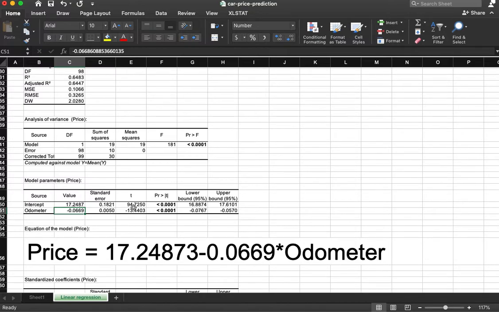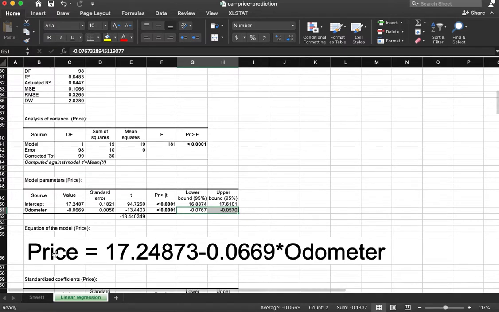To get this value, this 13 is equal to the value of the coefficient divided by the standard error. That gives you the t-value. Finally, we have our upper and lower bound confidence interval. So the value for odometer could be as low as negative 0.07 or as high as negative 0.05. That's just a range, a confidence interval.